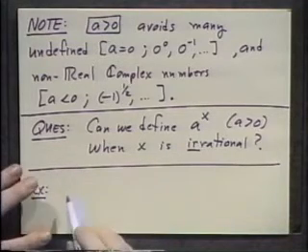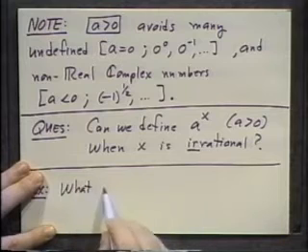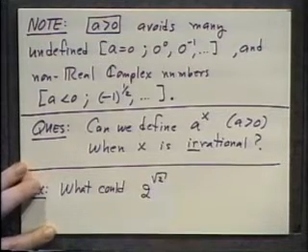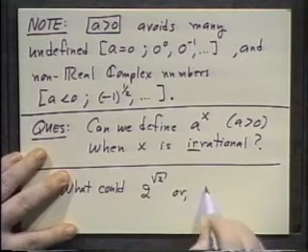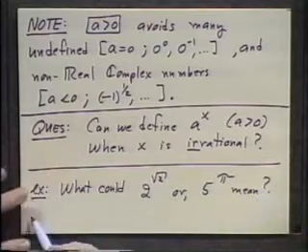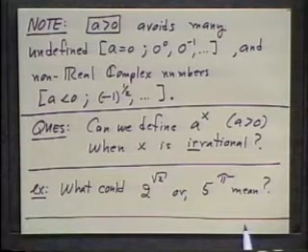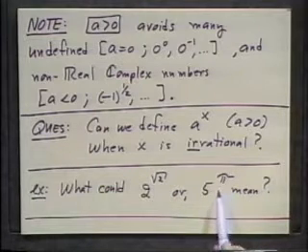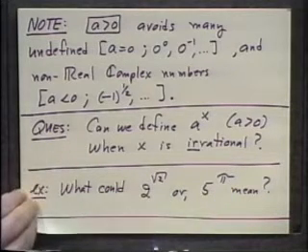I'm asking the question, what could something like 2 to the square root of 2 power, or say 5 to the pi power mean? What could those possibly mean? Now we have a sense of what exponents are, but we surely don't understand what these would be at this point. So we want to come up with a definition.